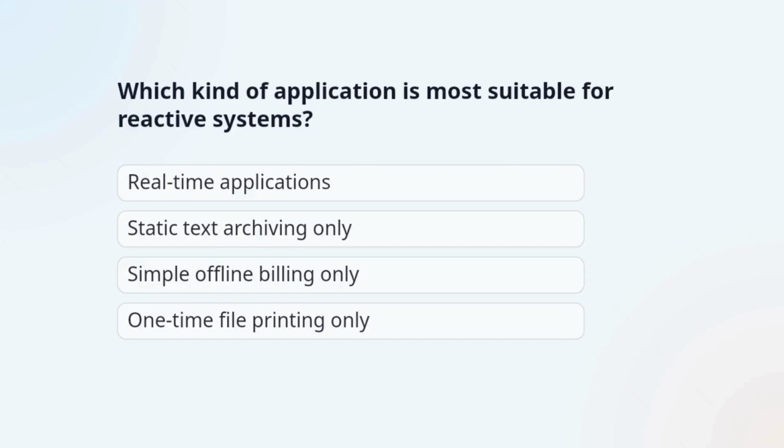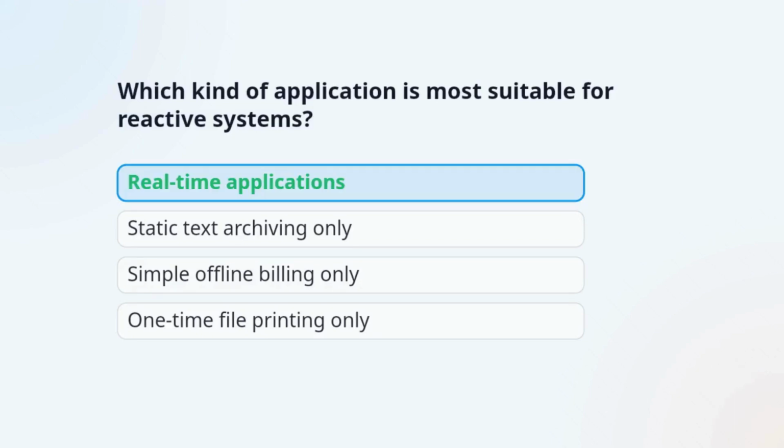Question 2. Which kind of application is most suitable for reactive systems? The correct answer is real-time applications. Reactive systems are especially useful where immediate response to events is important.